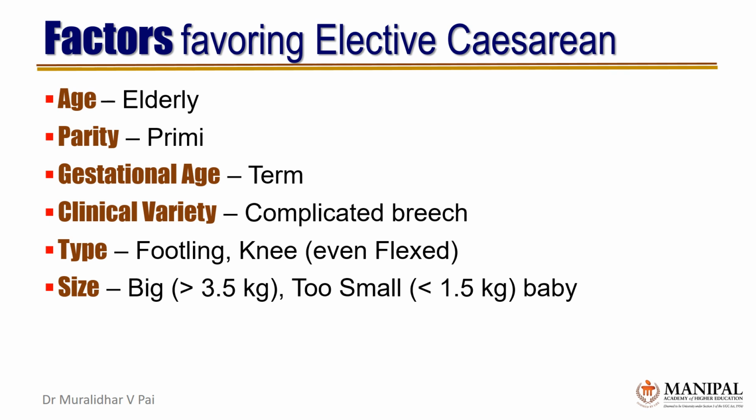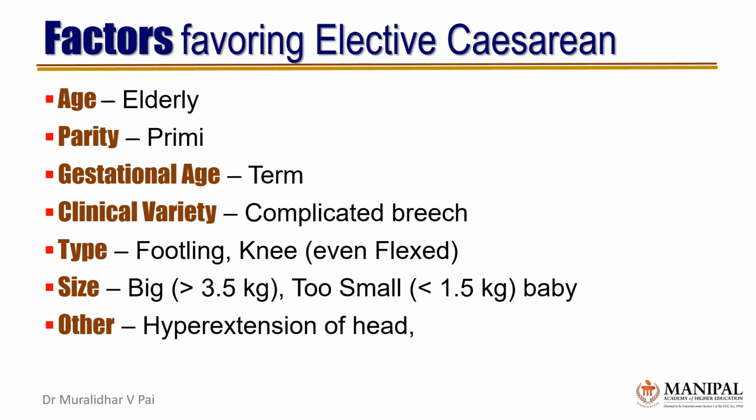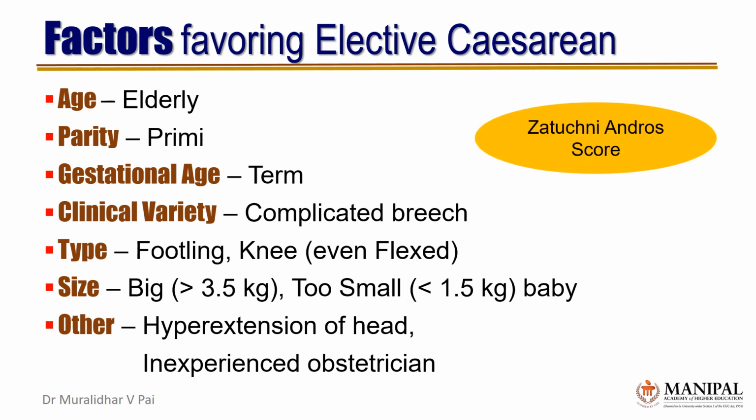A bigger baby, that is more than 3.5 kg, and too small a baby, that is less than 1.5 kg, are preferably delivered by caesarean section. Other factors such as hyperextended head, or what is called the star gazing sign, and of course an inexperienced obstetrician, make it better that the breech is delivered by caesarean section. These points are more or less reflected in the Zatuchni-Andros scoring system.